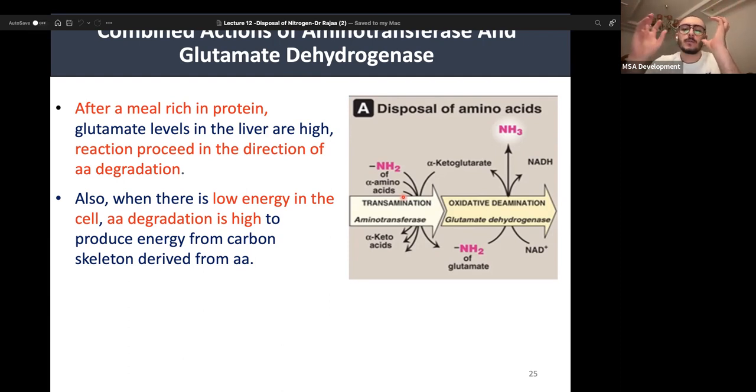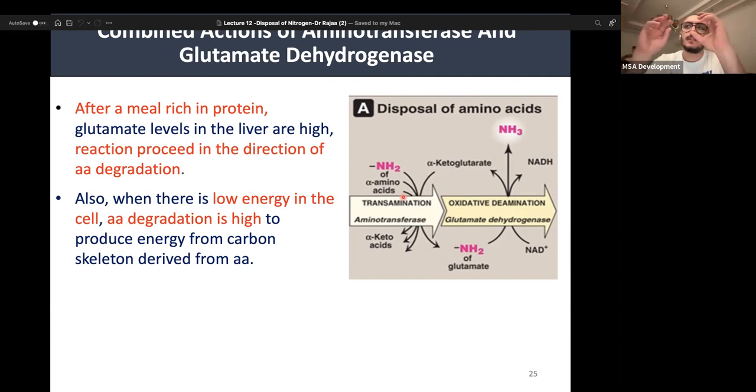The first process, transamination, will remove the ammonium from the amino acid and give it to alpha ketoglutarate to form glutamate. Then glutamate will carry on to the other reaction, which is called oxidative deamination. In this process, the ammonium will be removed from glutamate and excreted through the urea cycle.